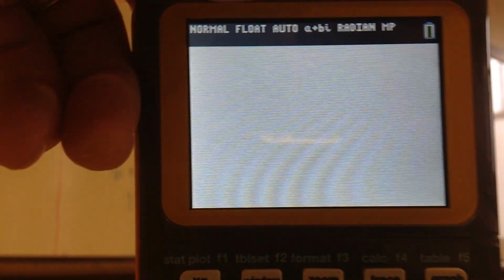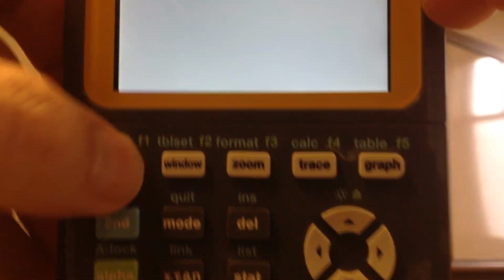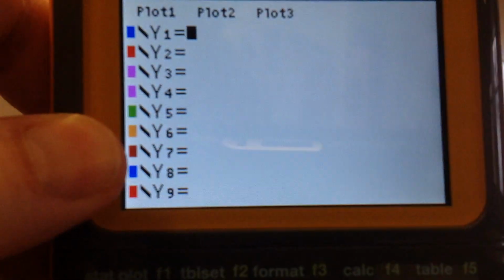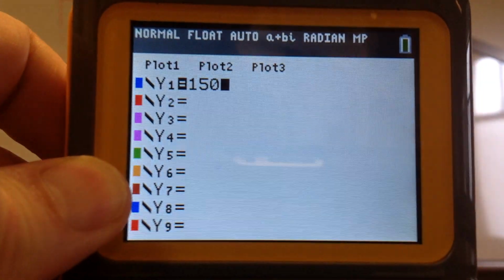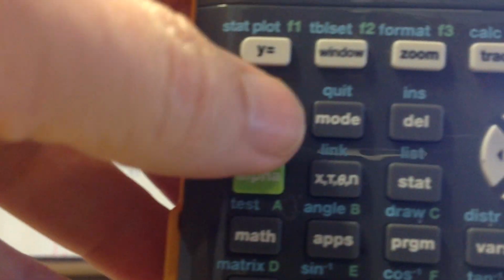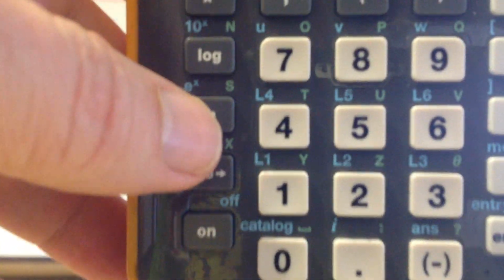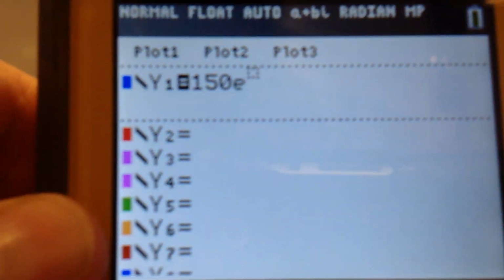All right. So first off, let's get the camera to focus there. Okay. And then we hit the y equals key to come in here. Let's clear that out. Okay, so now we want to type in 150. So there's our 150. And then e, so I hit second, down here, ln. e to the, and then we use that negative sign down here.